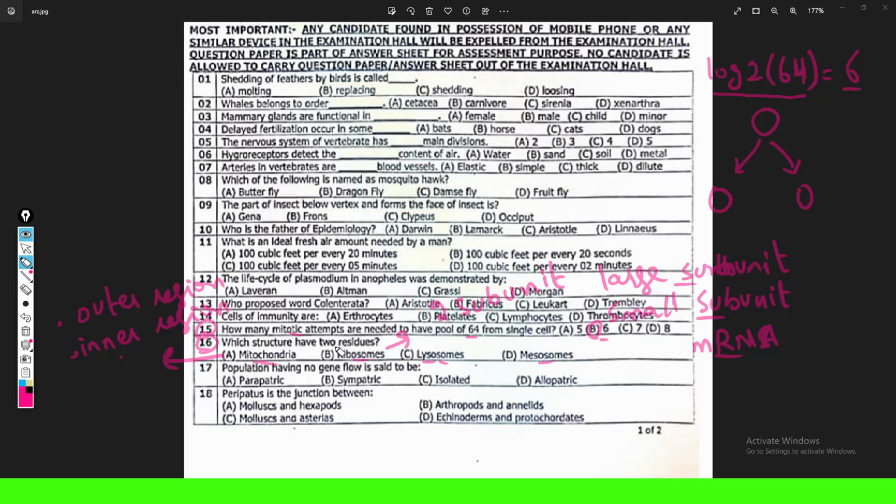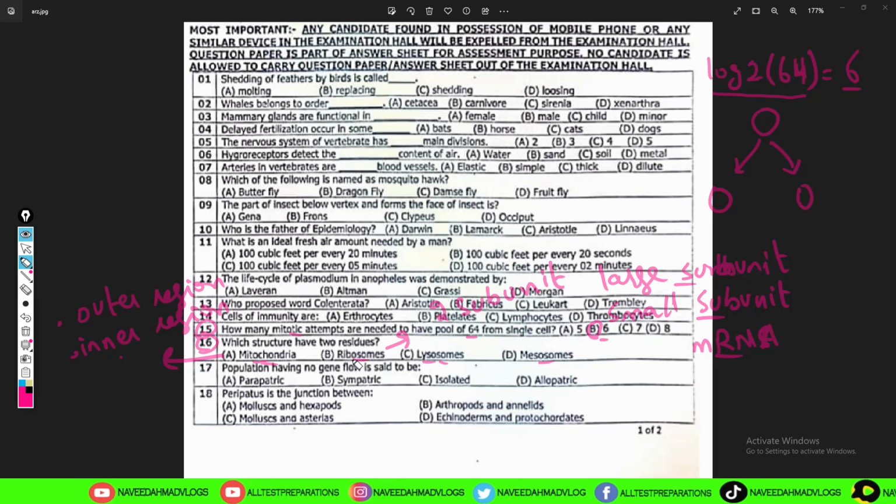Most of the students get confused in these two options about which is the correct option, because both contain two residues. If we explain mitochondria, it contains two regions, outer region and inner region, while in case of ribosomes it contains two subunits, large subunit and small subunit, which have their own function.